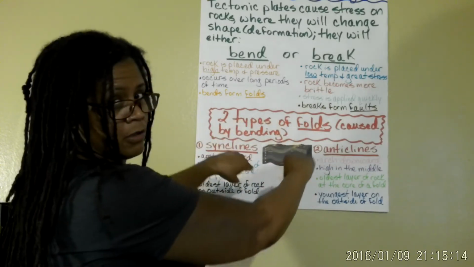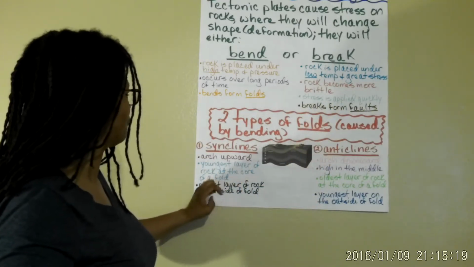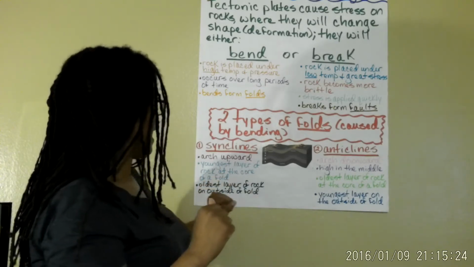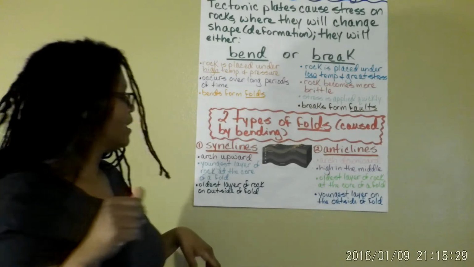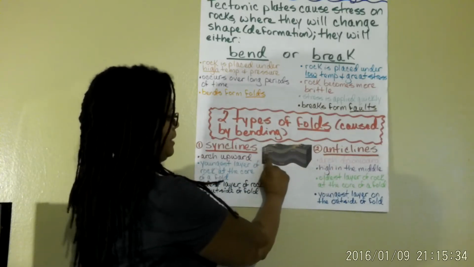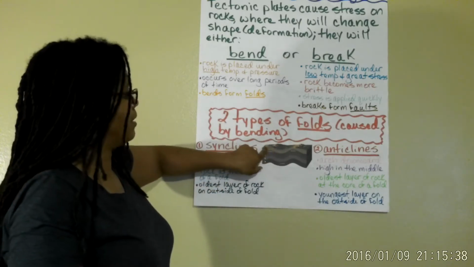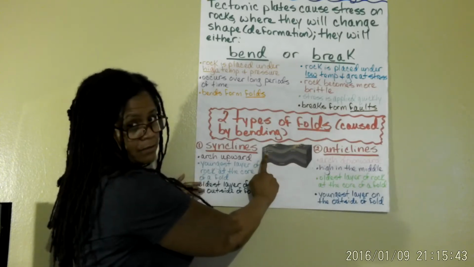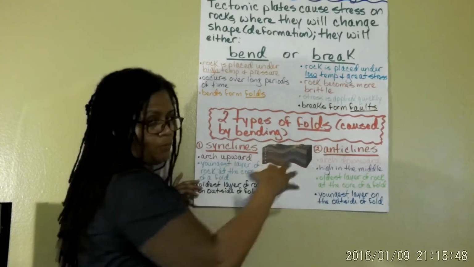So it sits low, arches upward, okay? And then the youngest layer of rock is at the center of that fold, and then the oldest layer is on the outside of the fold, okay? And then there's anticlines. They show anticlines up here, which, because this would be the inside of the earth, okay? This would be the surface of the earth, where we are.